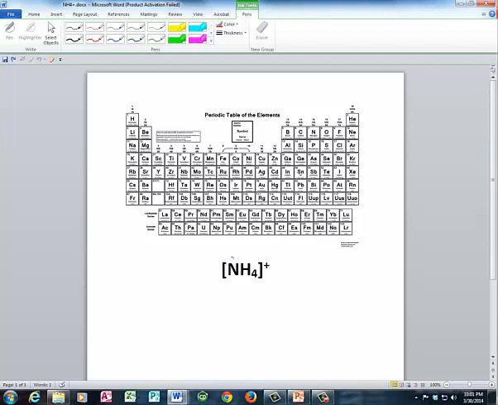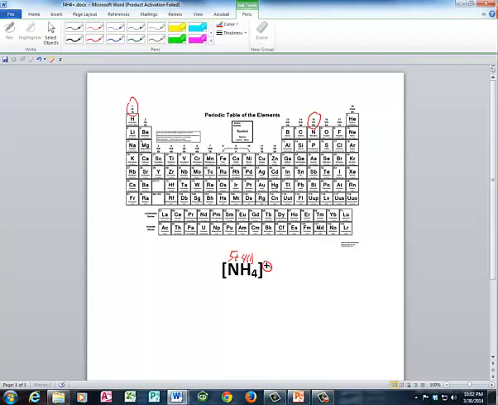We count the total number of valence electrons in the chemical species. Nitrogen in the periodic table is in group 5, so it has 5 valence electrons. Hydrogen is up here in group 1, so it has 1 valence electron, but there are 4 of them, so that's 4 times 1. And then we notice that we've got a plus charge on this cation.